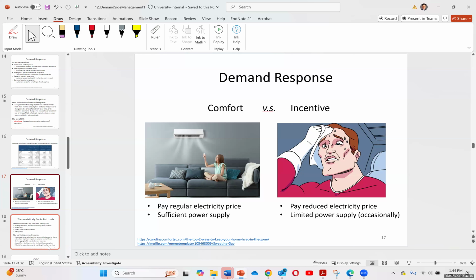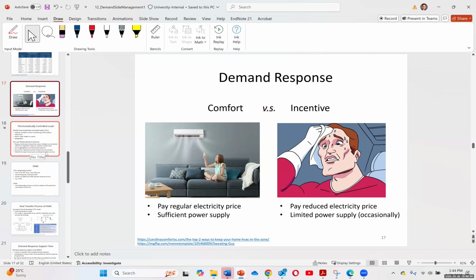So they're willing to pay more. And some people prefer the incentives and lower electricity price, but shift their demand to off-peak hours. So when you have incentives, you pay reduced electricity price, but you have limited power supply occasionally. But it's cheaper, less convenient.